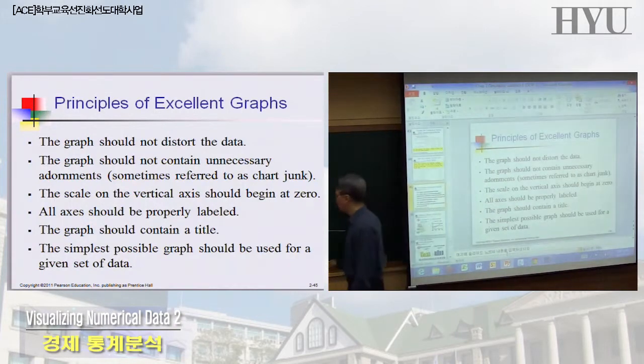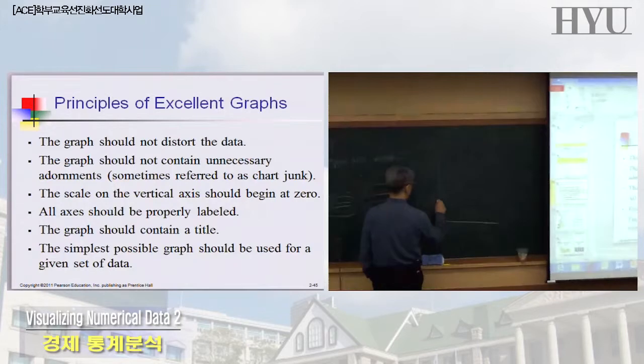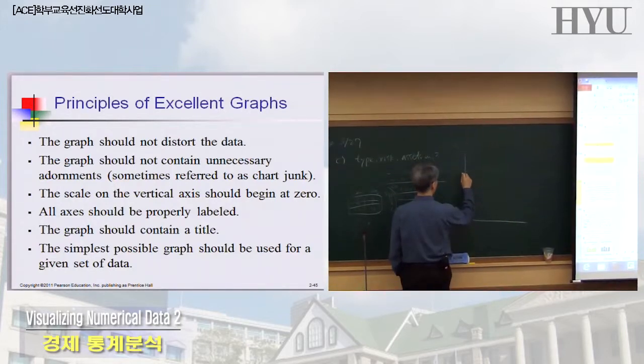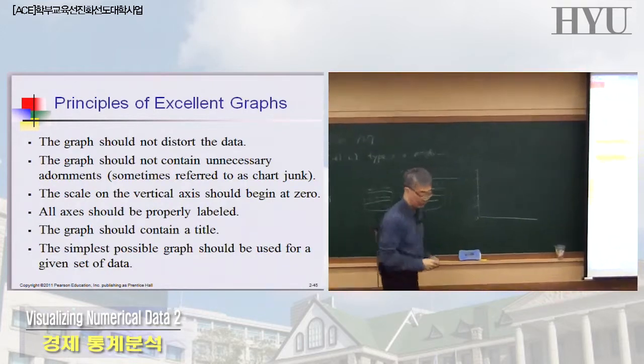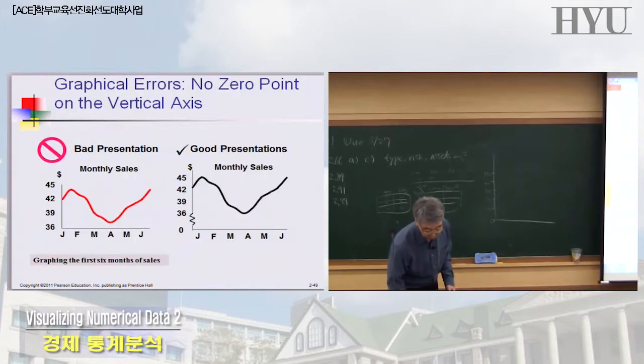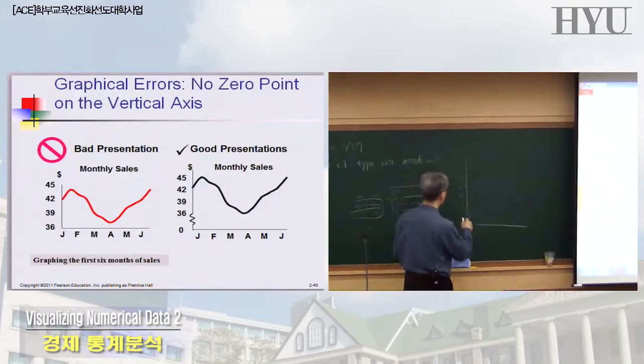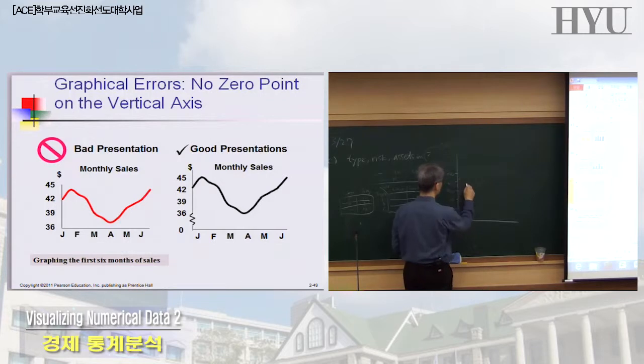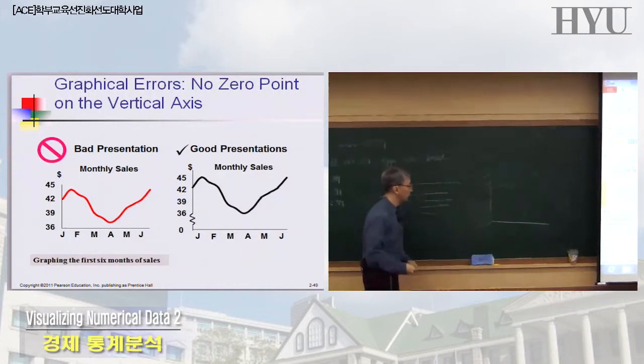So if you put 0, 10, 20, 30, 40, 50, and you created this graph, with a minimum of 36 and a maximum of 45, you graph like that.